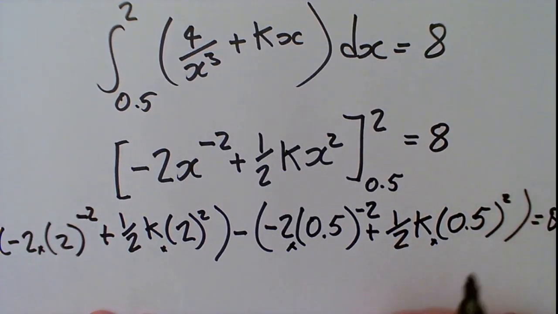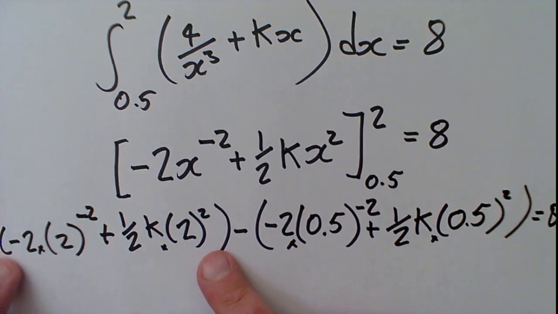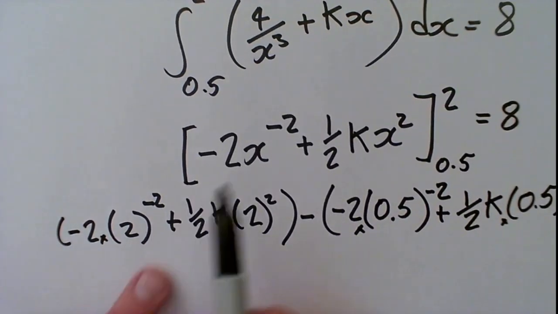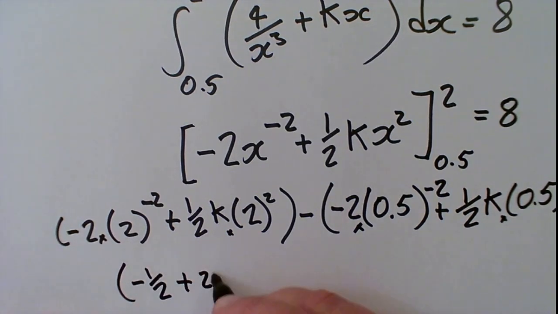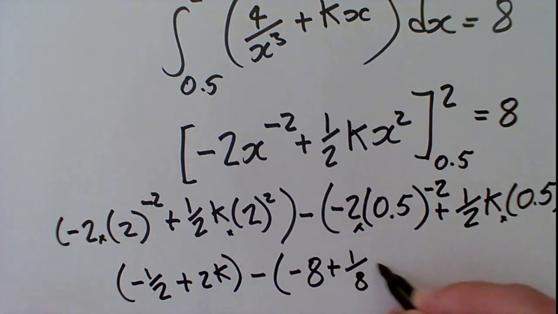Just watch out for a few things. These negative signs, we know they're going to cause problems for people. I would do this bit in the calculator first and then that bit and start to chip away at things. So all of this bit we can certainly do in the calculator. So we've got minus a half plus 2k, and then here we've got minus 8 plus an 8th k is what we've got.